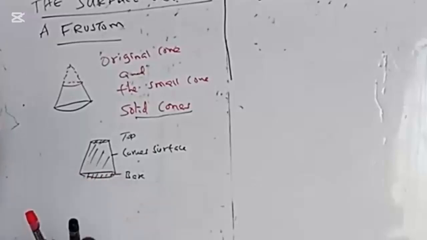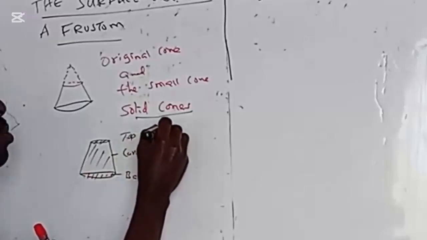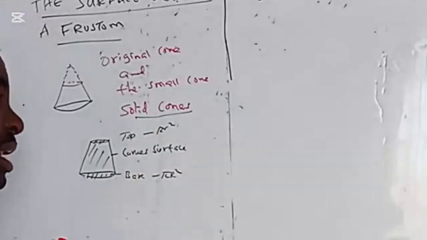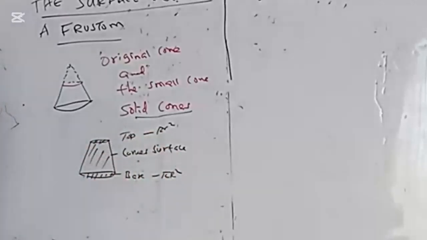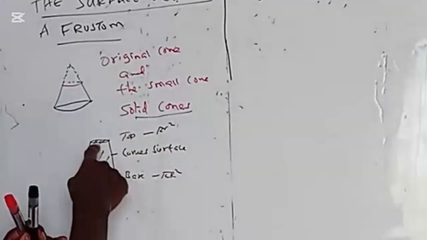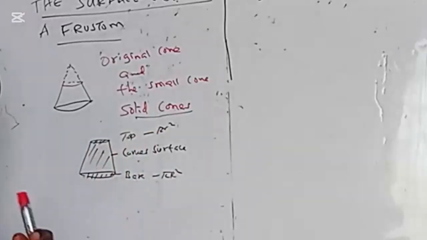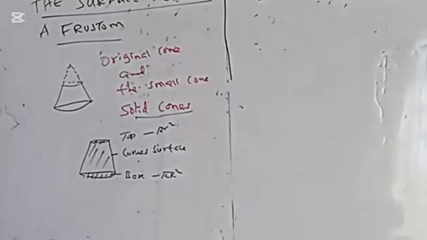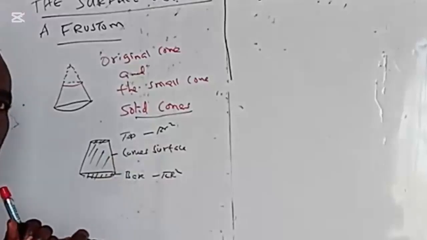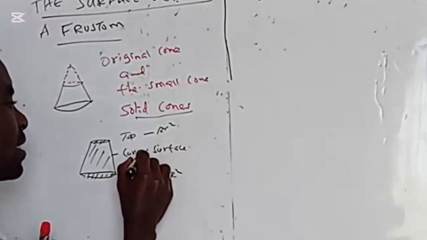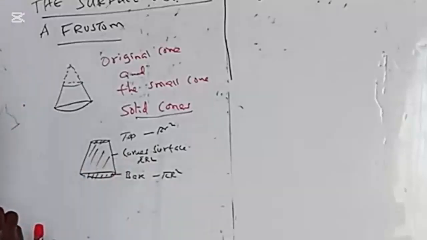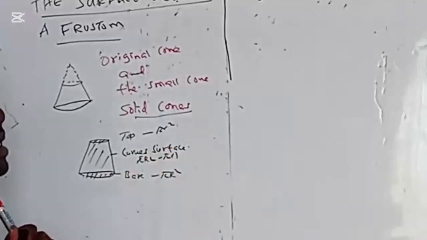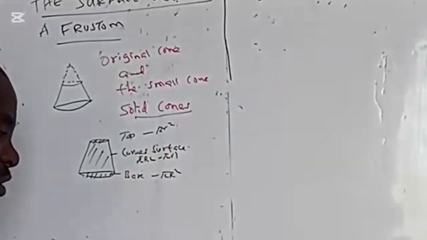For the base and the top, these are circles, pi r squared. I use capital R to represent the big one and small r to represent the top. You have to read the question carefully and see what they're talking about. Then the curved surface is the difference between the curved surface of the big cone minus the curved surface of the small cone.